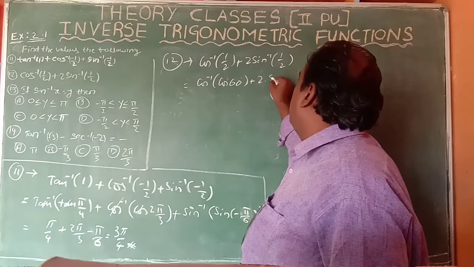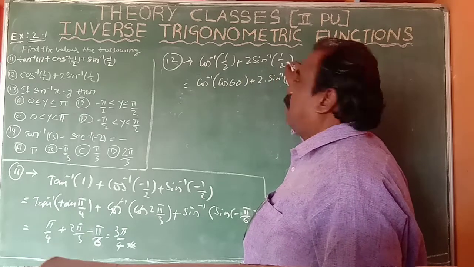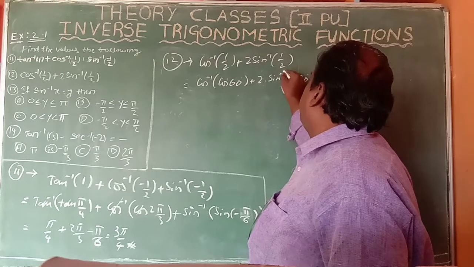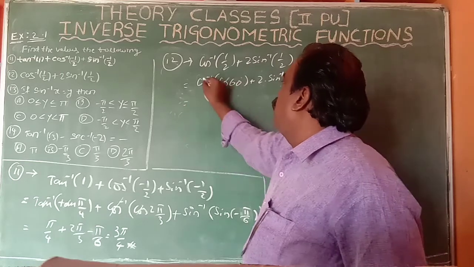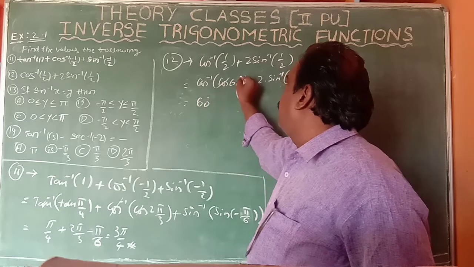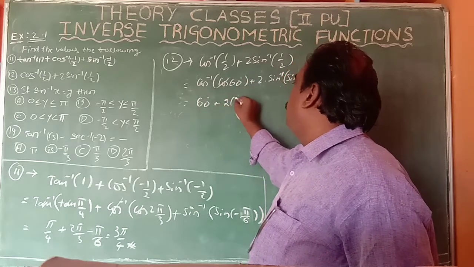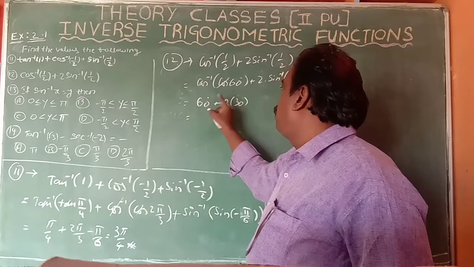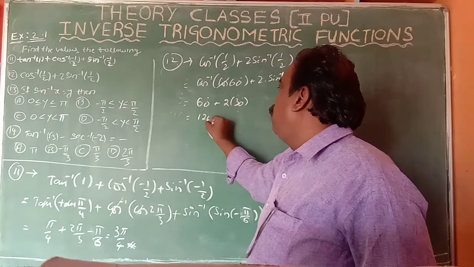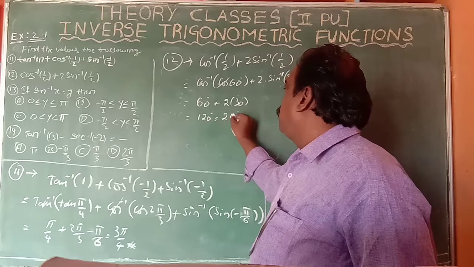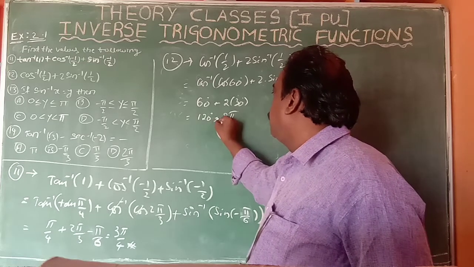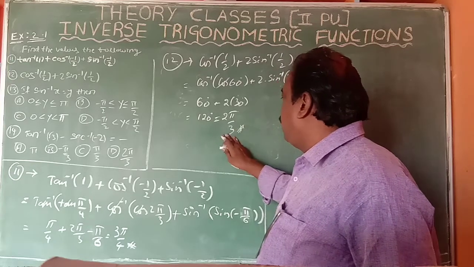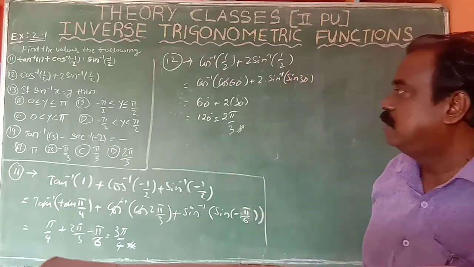Plus 2 into sin inverse of 1 by 2, which is sin 30 degrees. So it cancels, we get 60 degrees plus 2 into 30 degrees. That is 60 and 60, 120 degrees. It is 2 pi by 3.